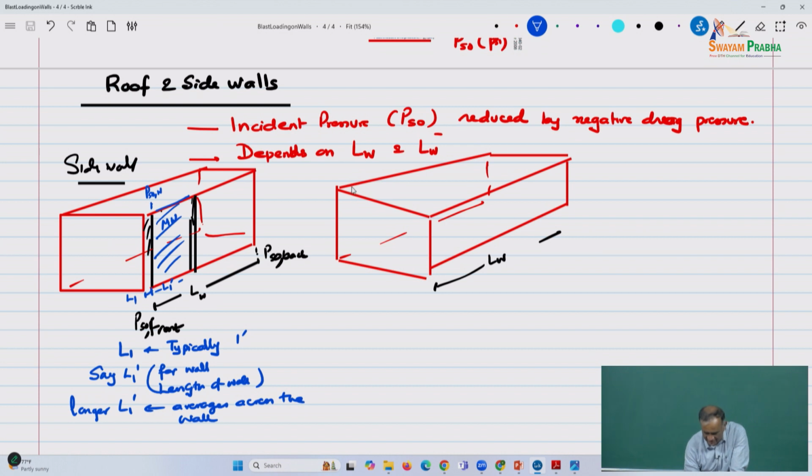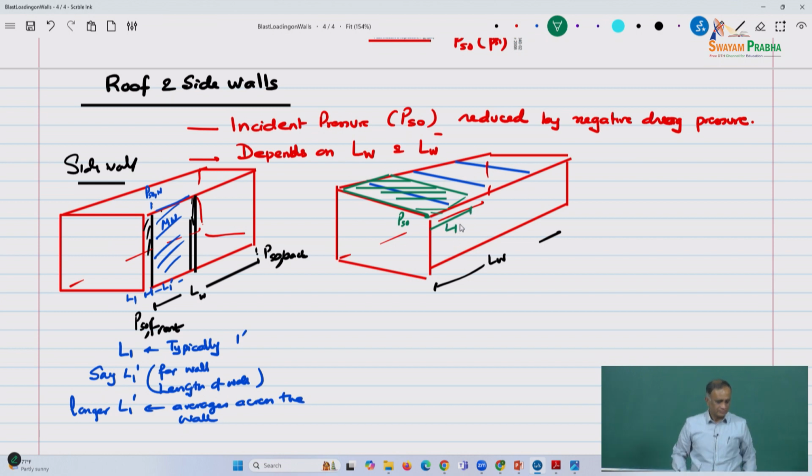When you come to the roof, it's exactly the same thing. Let's say you have steel joists or concrete beams, whatever it is. You might say that particular beam is taking a tributary area over this part. So you probably will calculate PSO here and then use this as L1.